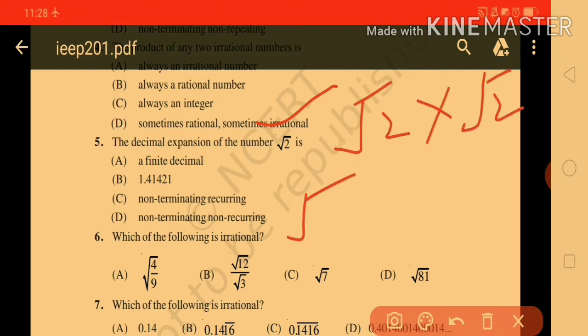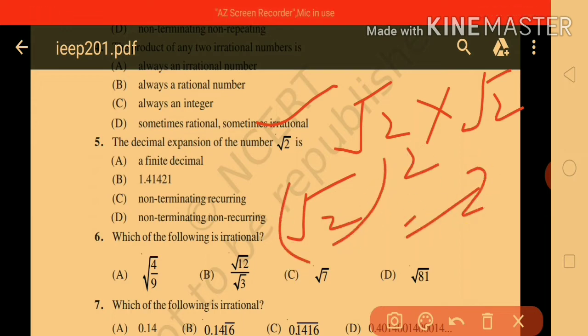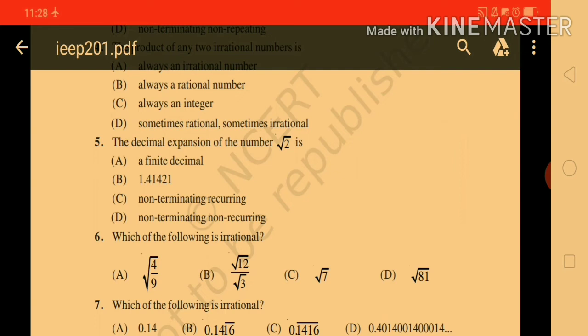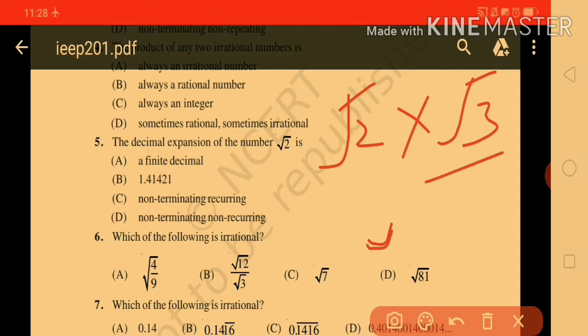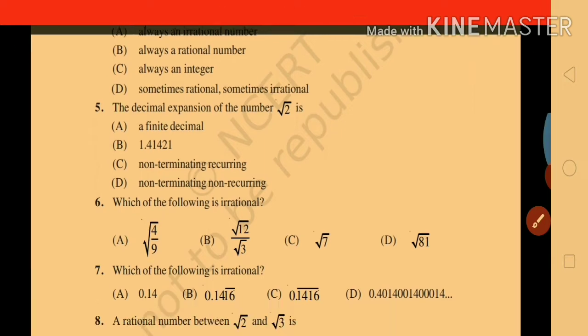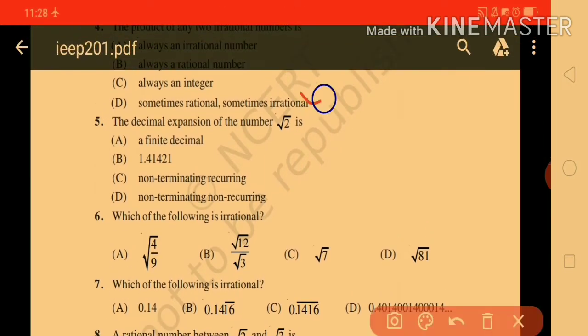This is root 2 square, and this is equal to 2, which is a rational number. But when you multiply root 2 with root 3, both are irrational numbers, you will get root 6. Root 6 is an irrational number, so it is sometimes rational and sometimes irrational. So D part is right.